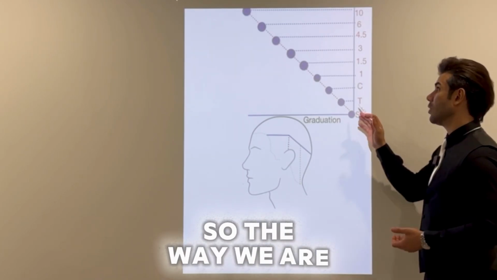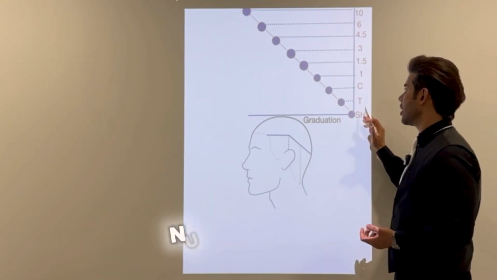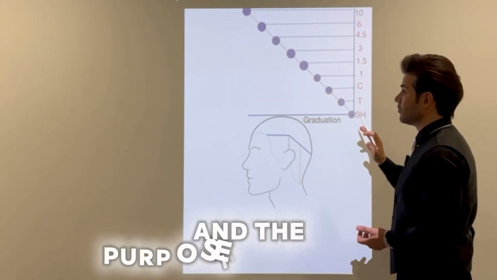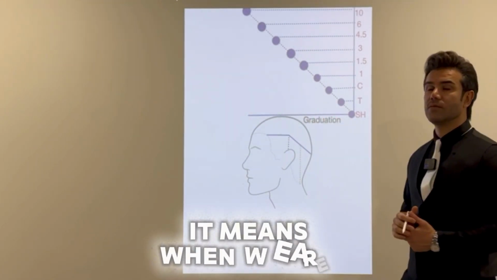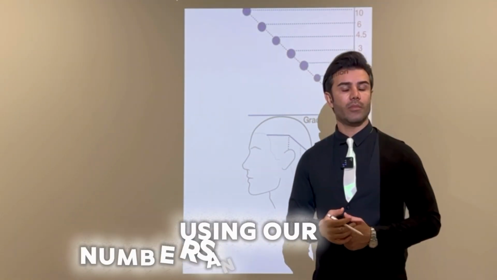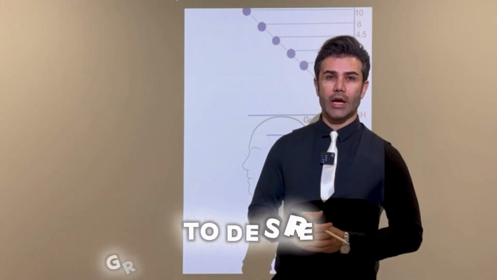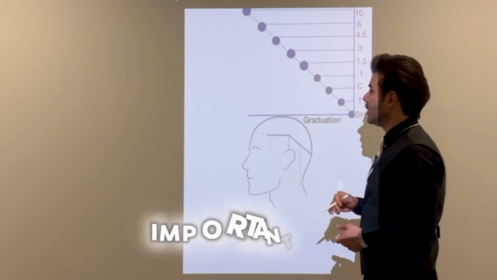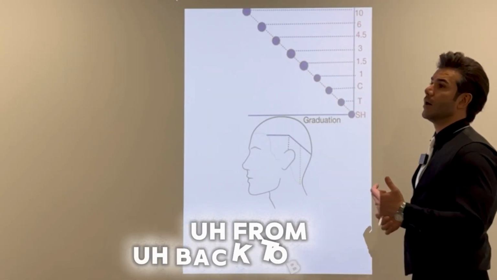So the way we are using these numbers, we have to know which numbers are good for which area. And the purpose I'm showing this way of the hair is, when we are using our numbers and our tools to reach the desired graduation, it is very important to use each one back to back.